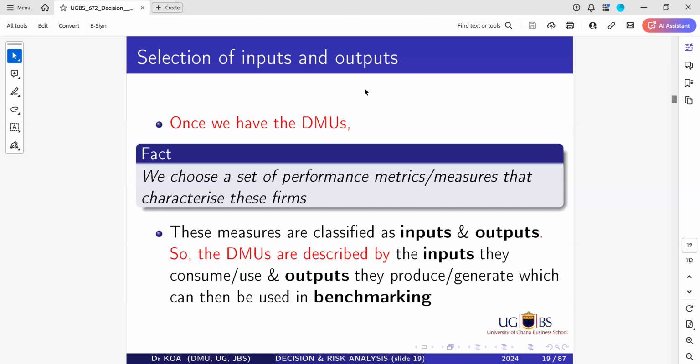These are inputs. That's fine. And you cannot compare the outgoing students, because the outgoing students of a primary school are not the same as those of a university.